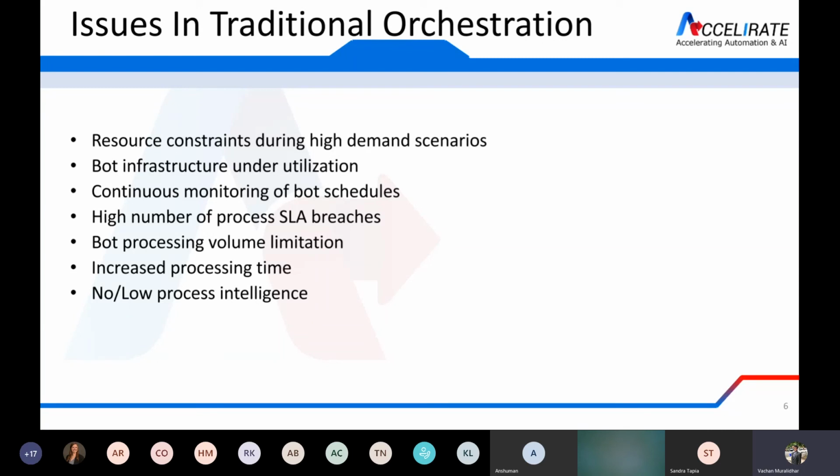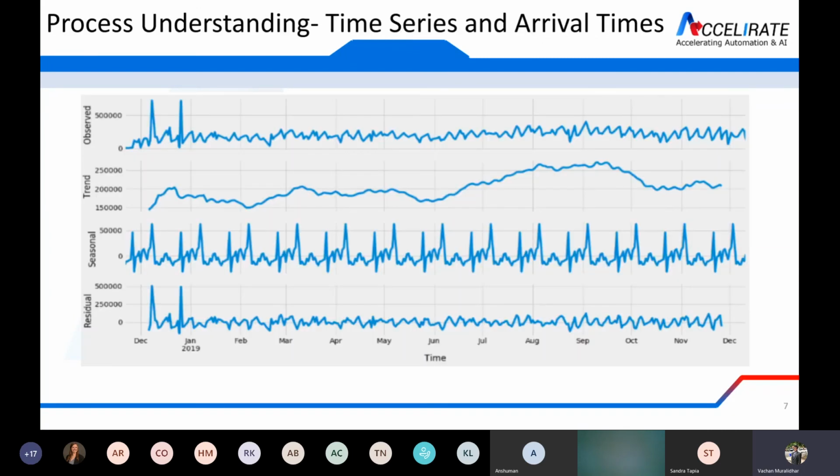So we tried to solve all these issues using the intelligent bot scheduler. This is an example for a certain process, showing how the volumes are coming in.